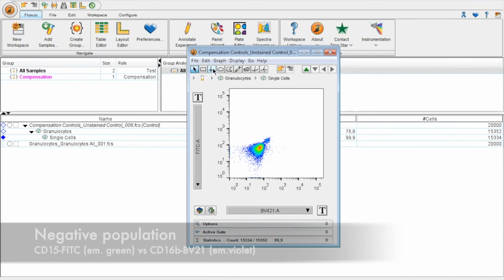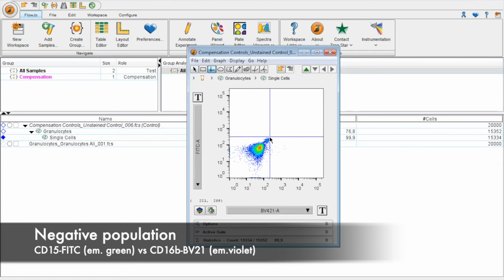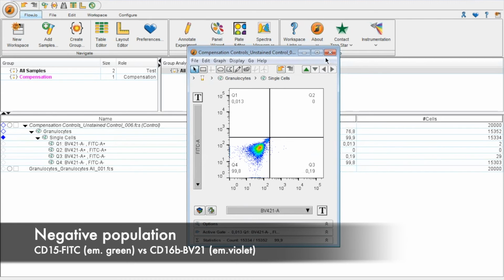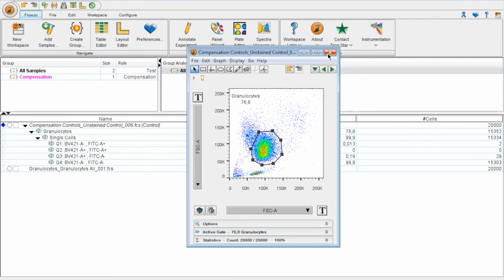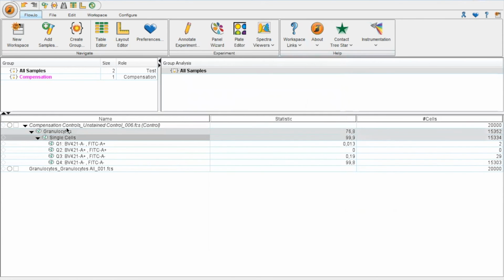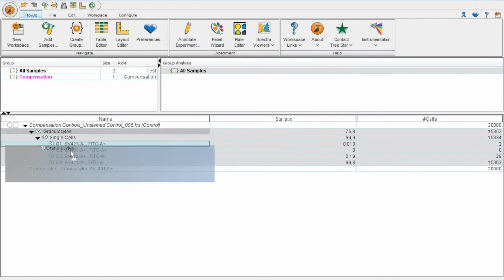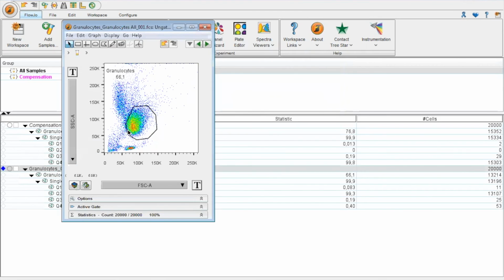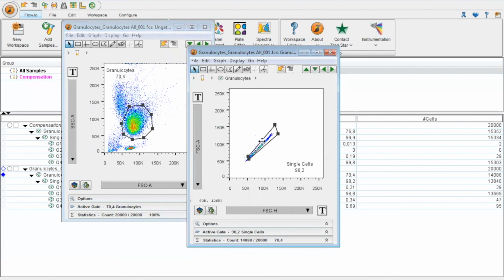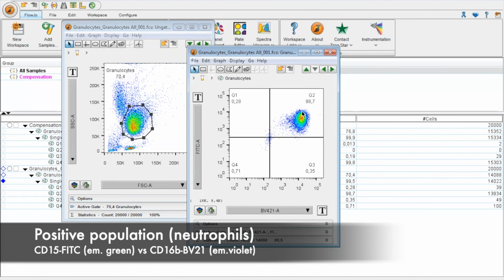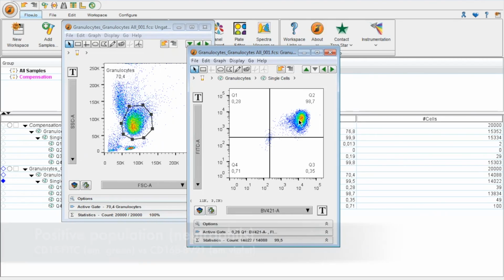Now we have to set our negative population for our fluorochromes, FITC and Brilliant Violet 421. Then we copy all the gains of the unstained population and we apply them to our stained population. We adjust the gains to gate all the population, the granulocytes, then the singlets, and here are neutrophils, our positive population for CD16B and CD15.